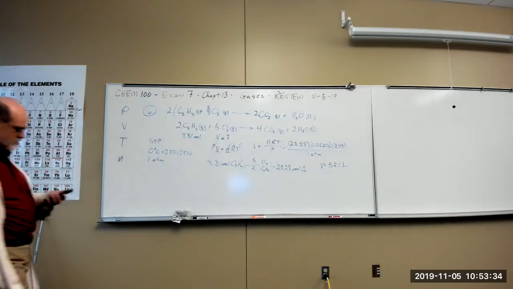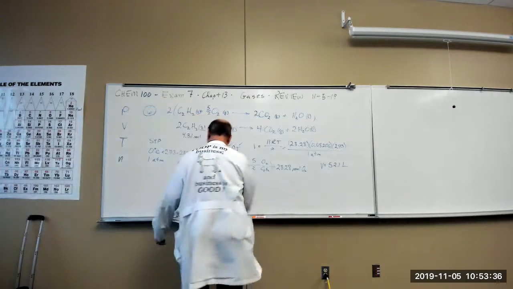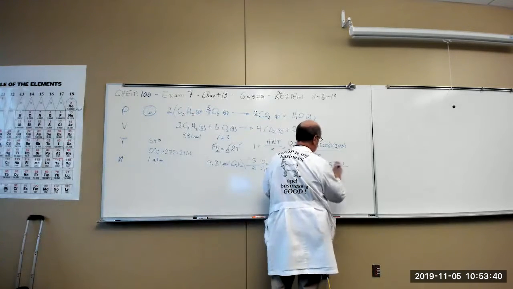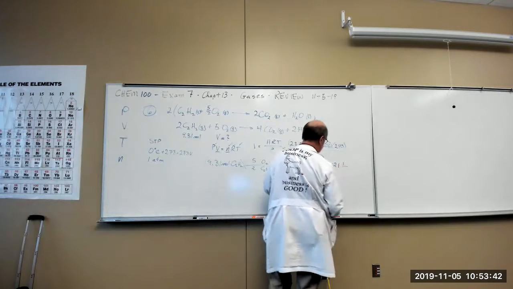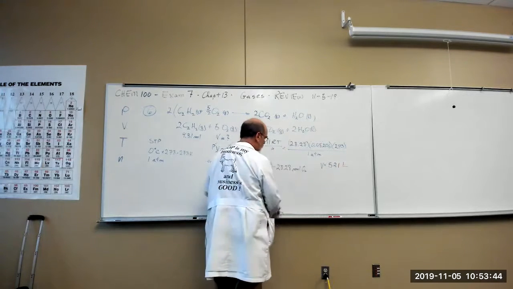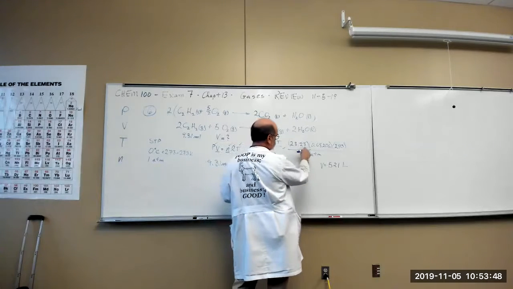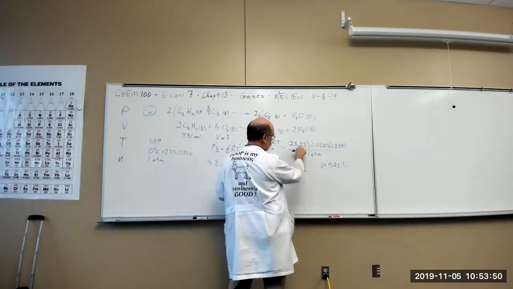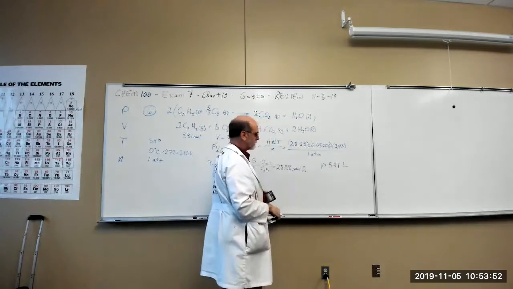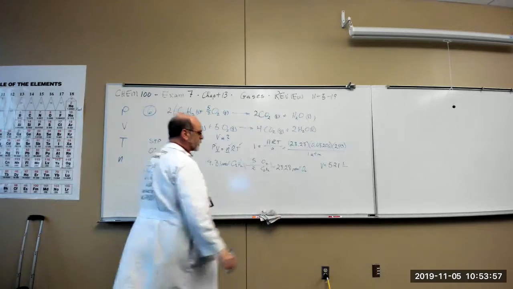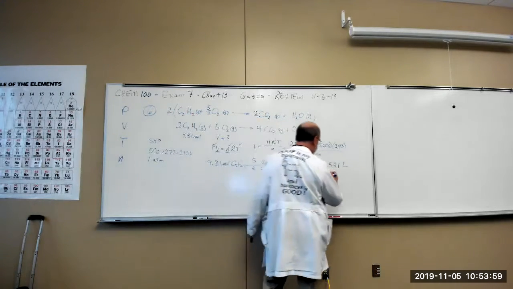Nope. Because I did it wrong. There. And the closest one to that one is, I know what happened, the rounding error. I used a different value for this one before I rounded it. So the answer is 522 in the problem set.